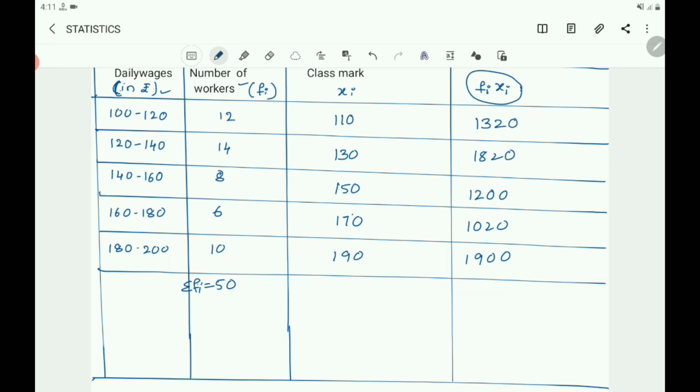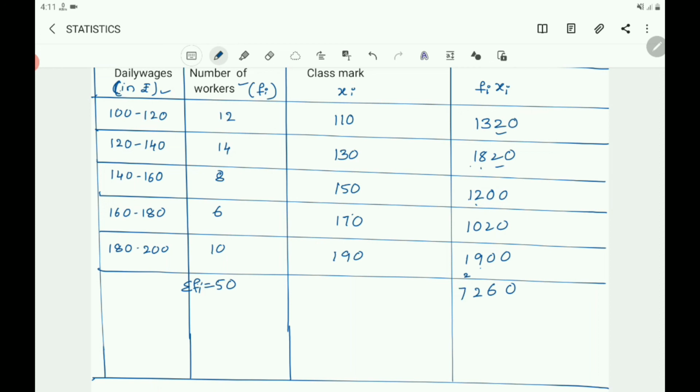And find sum of Fi Xi, adding 1320, 1820, 1200, 1020 and 1900.